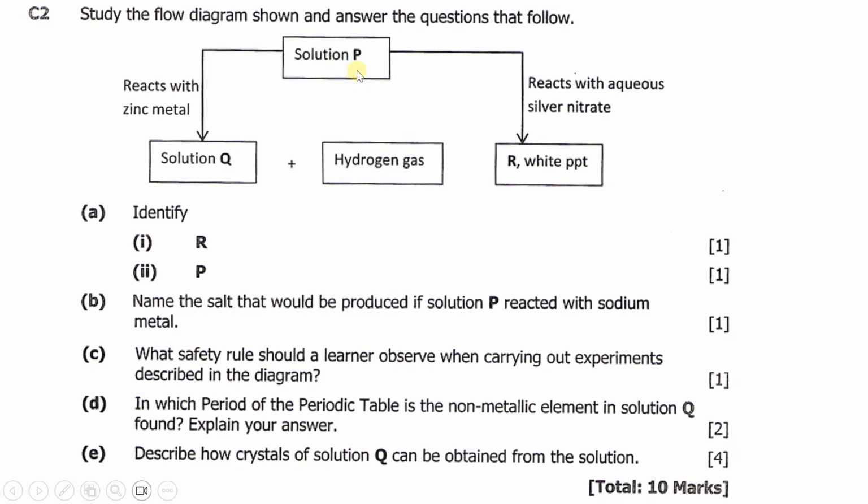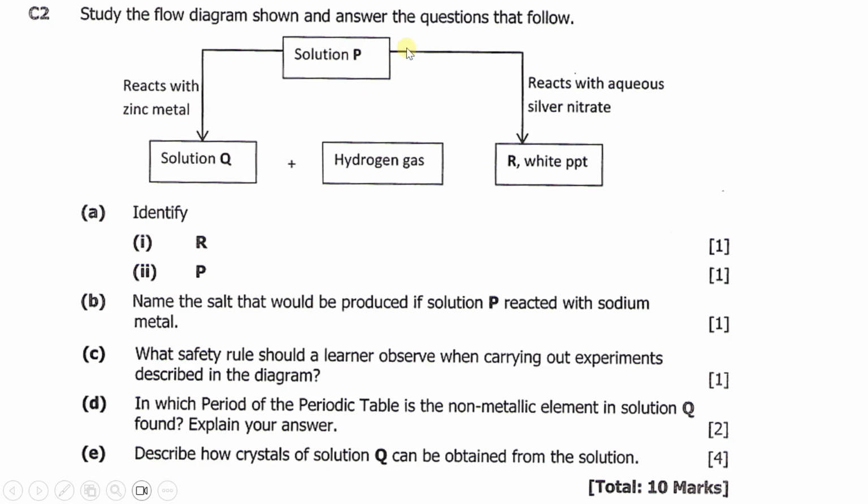Any solution that reacts with a metal to give hydrogen gas is an acid. So let's keep in mind that this was an acid which reacted with zinc metal to form a zinc salt and then hydrogen gas.